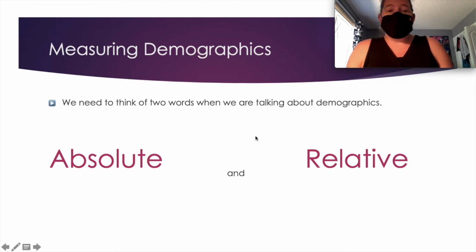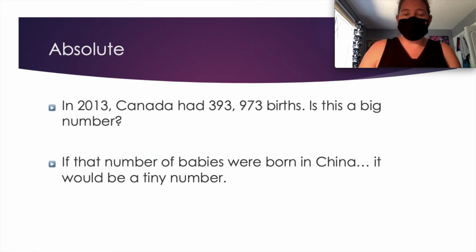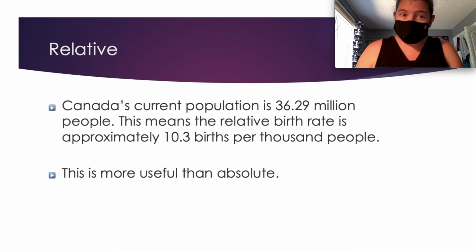We need to think of two worlds when we're talking about demographics: absolute and relative. In absolute terms, in 2013, Canada had 393,973 births. Is this a big number? If that number of babies were born in China, it wouldn't be. Why?